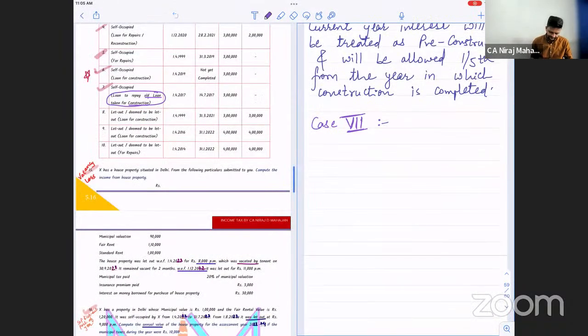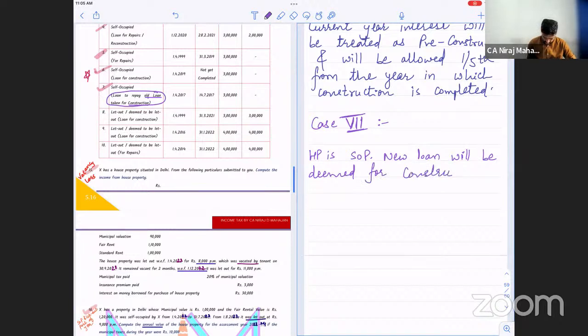Case 7. Write down. House property, self-occupied property. This is important. New loan will be deemed for construction.